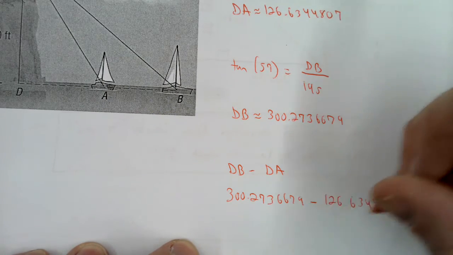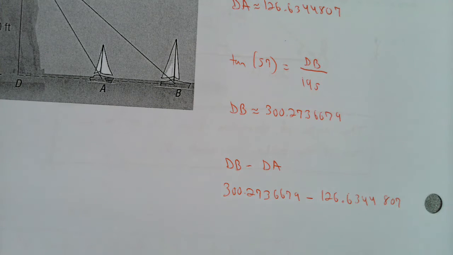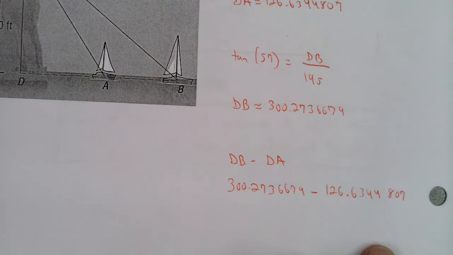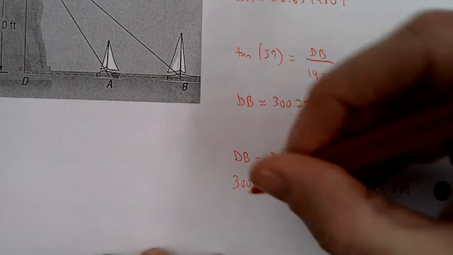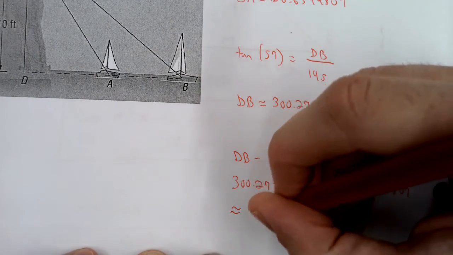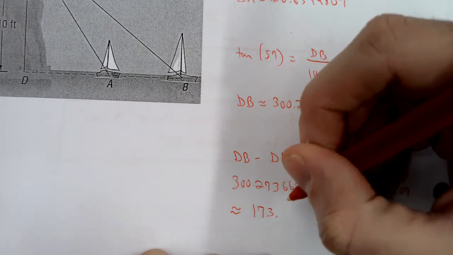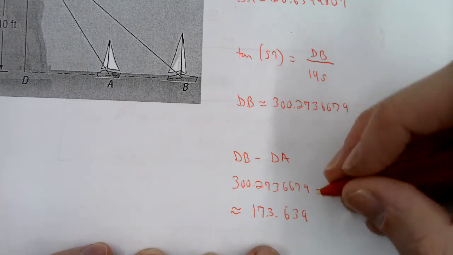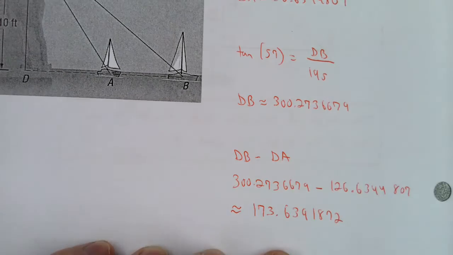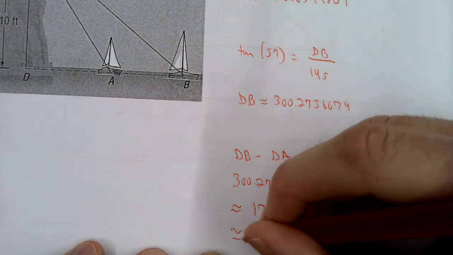Then I'll round at the very end. That gives approximately 173.6391872. The question said nearest foot, so I'll say approximately 174.